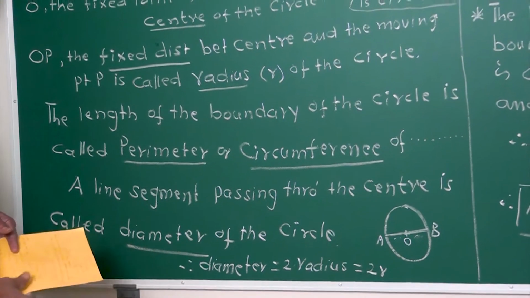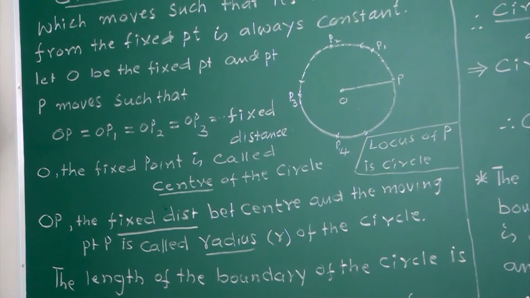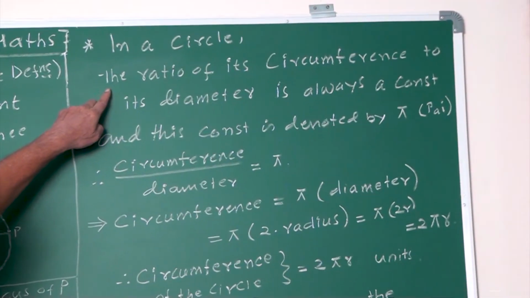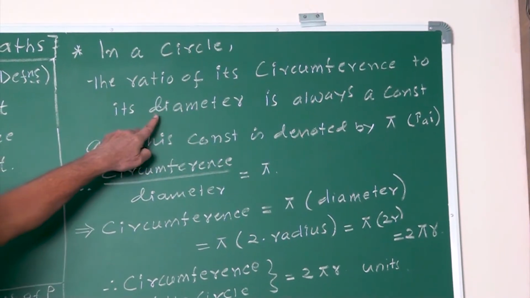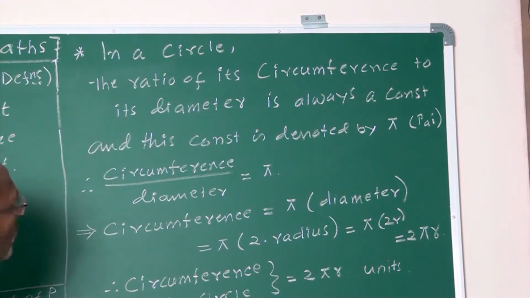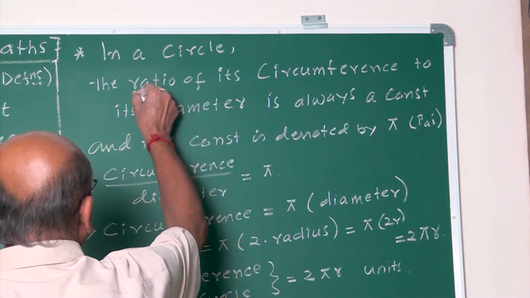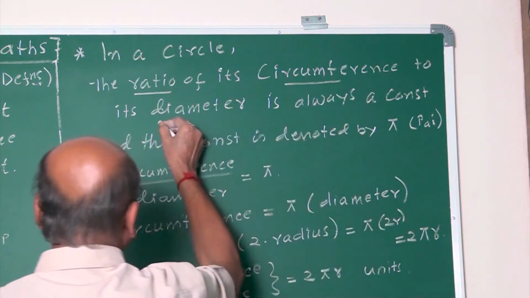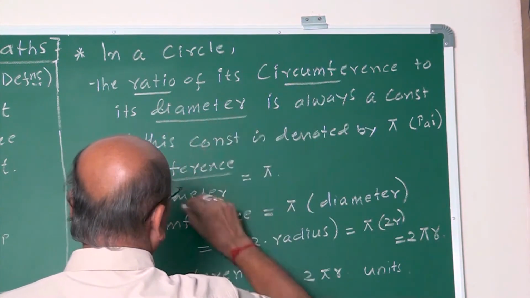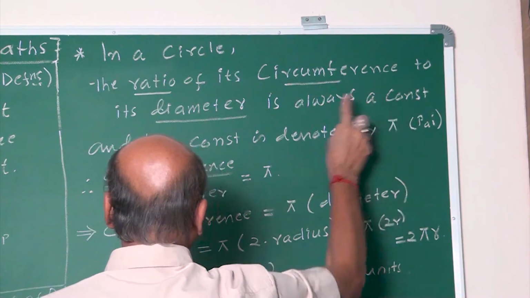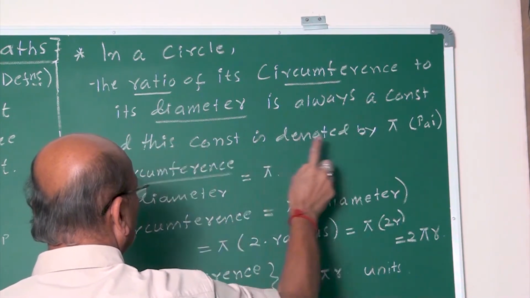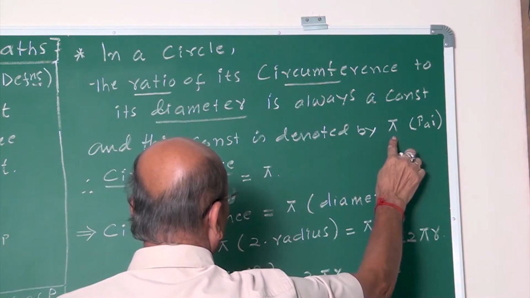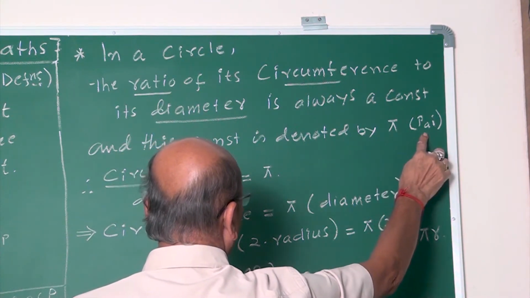Then, my friends, there is one result. In a circle, the ratio of its circumference to its diameter is always constant, and this constant is denoted by the Greek letter pi.